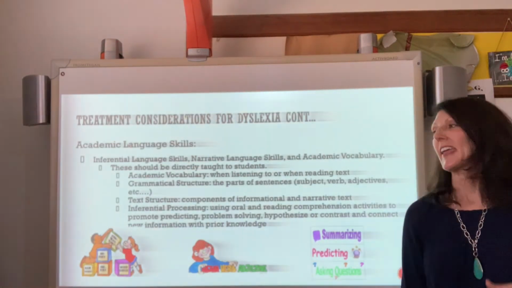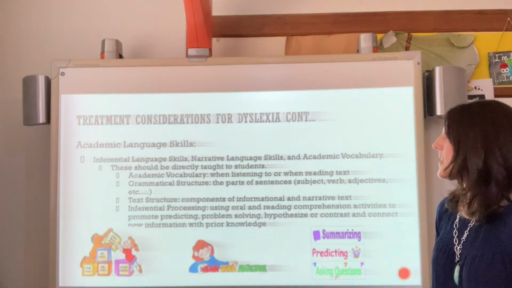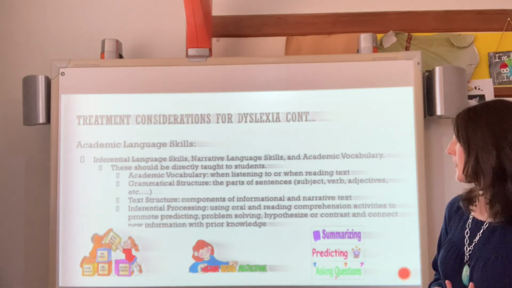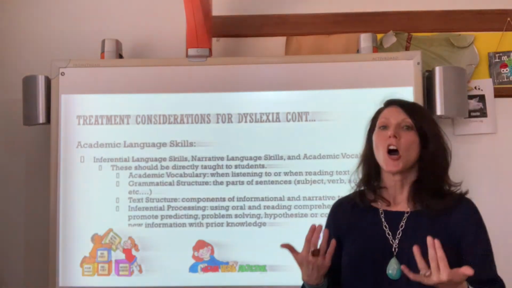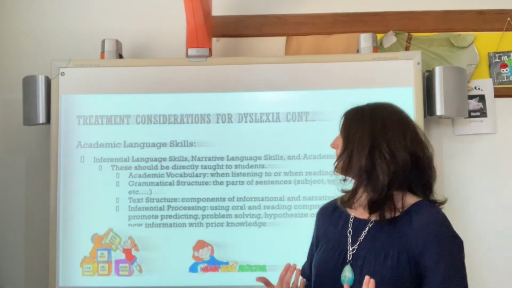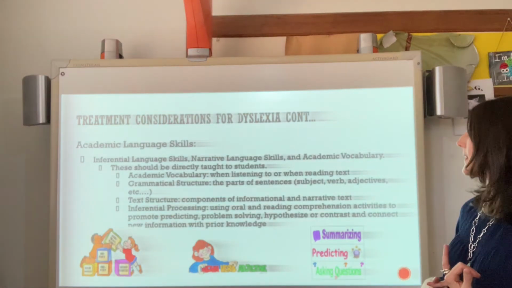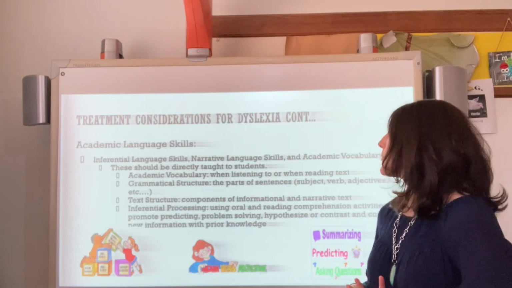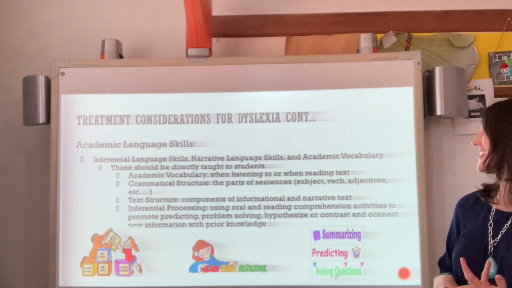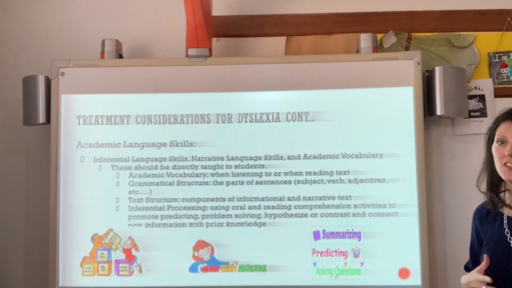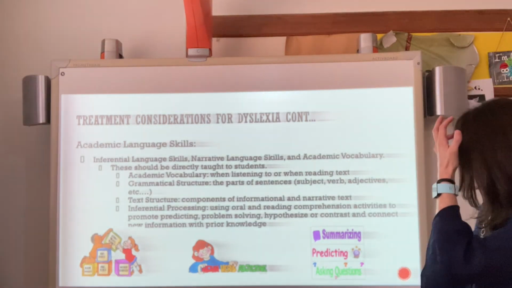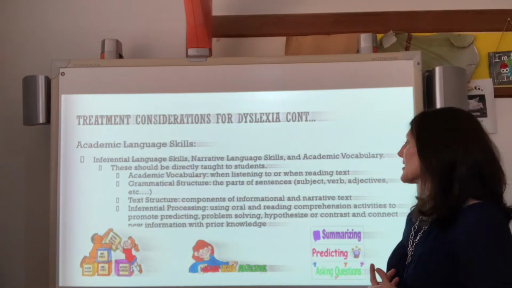And the academic language skills: inferential language skills, narrative language skills, and academic vocabulary. These should be directly taught to students. Academic vocabulary when listening to or reading text. Grammatical structure, the parts of sentences: subject, verb, adjectives, etc. Text structure, components of information and narrative text.